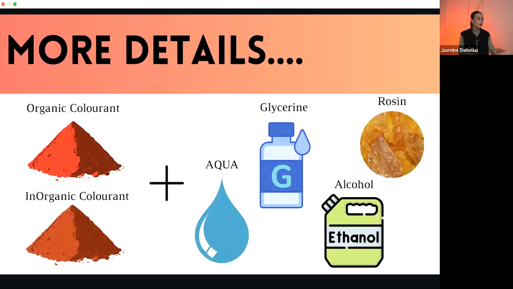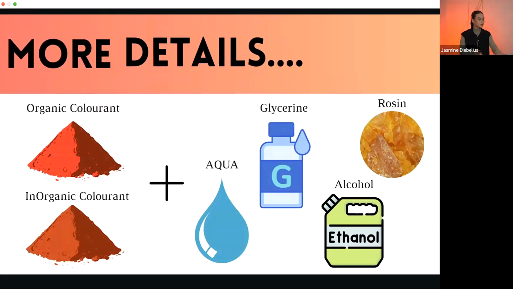So we have organic colorants and we have inorganic colorants. Then the carrier agents, we have different types of carrier agents. We have aqua, which is water, glycerin, alcohol, and rosin, which are just some of the popular carrier agents. There are so many more, but these are the ones that you will see most of in your inks.